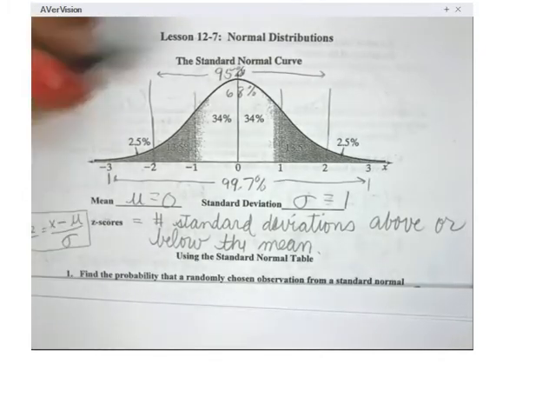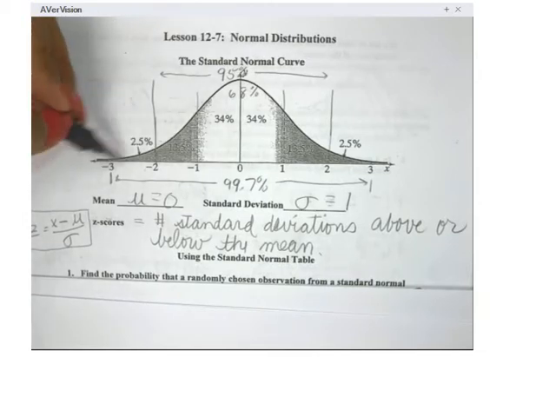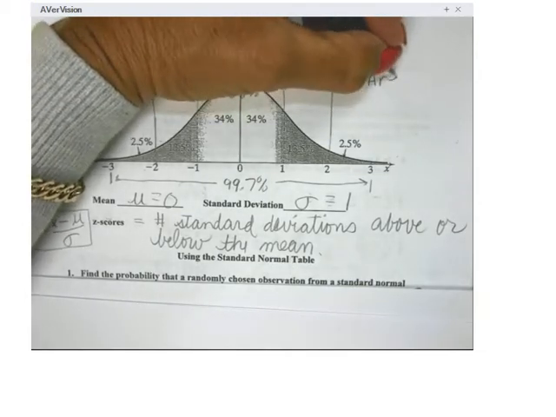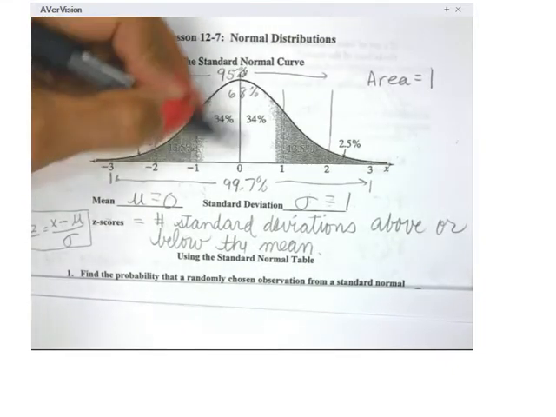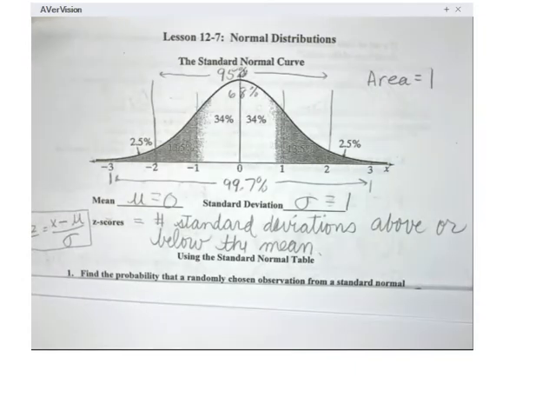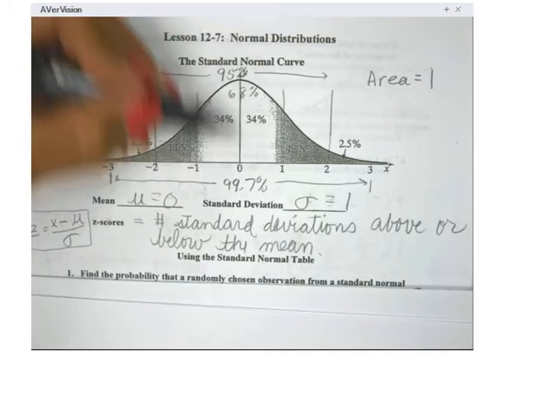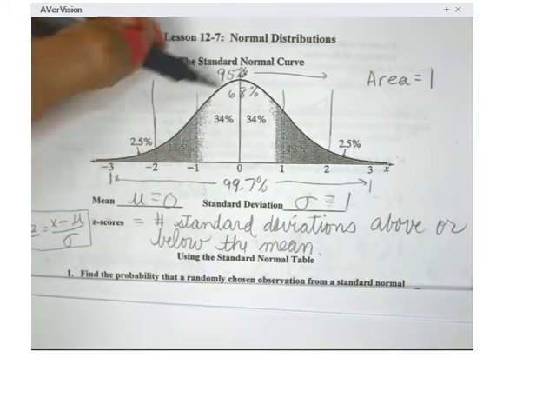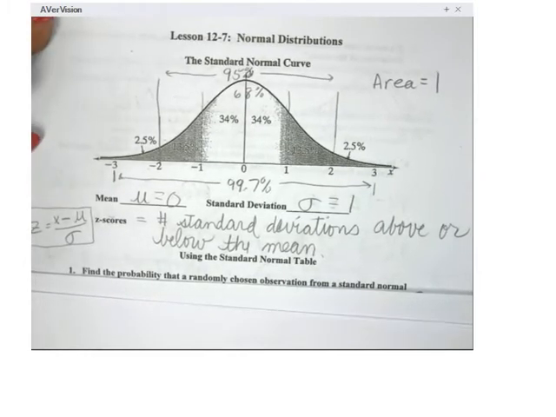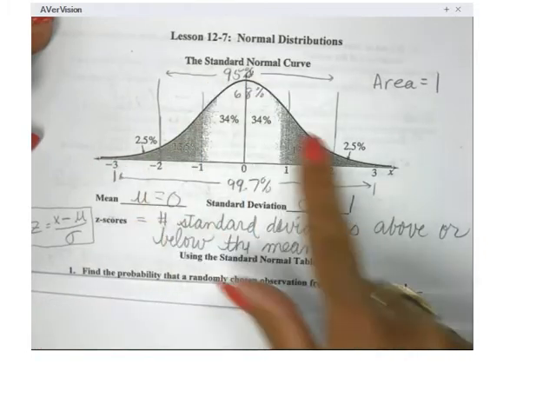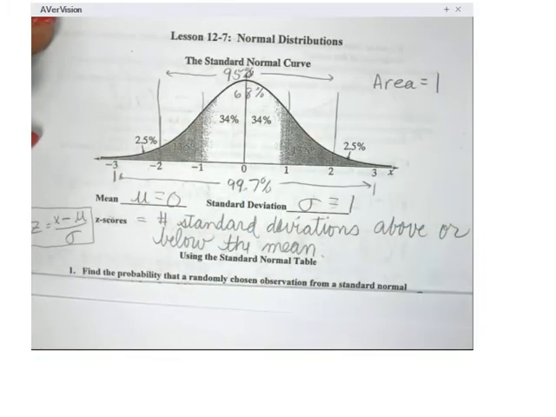Now, this curve has some other characteristics. The total area underneath the curve is 1. So if we found little squares and added up all of the area squares underneath this, it has an area of 1. There is actually an equation that involves an e power, the 2.718 number, raised to a kind of odd exponent, that can be used to generate this curve, but we're not going to go through it.